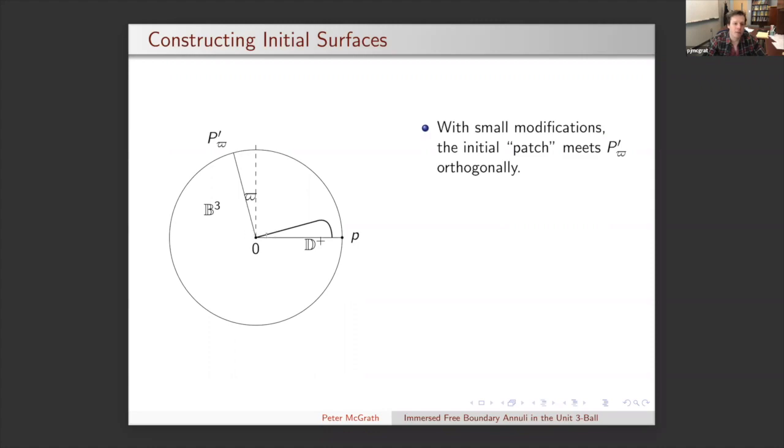You have some issues here about reflecting the plane by P prime of var pi, but everything has been cooked such that to first order, essentially, you can reflect, and by smoothing things out, you can reflect smoothly across. And so this shows that you can construct a patch that's approximately minimal to first order, free boundary minimal to first order, and then you can smoothly reflect across this plane or the P prime var pi plane.